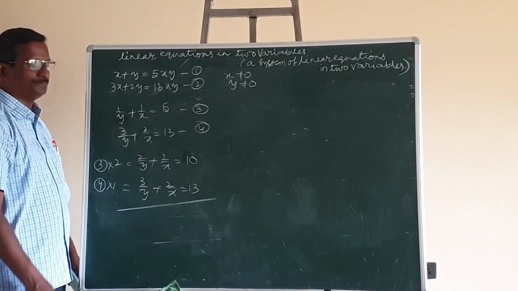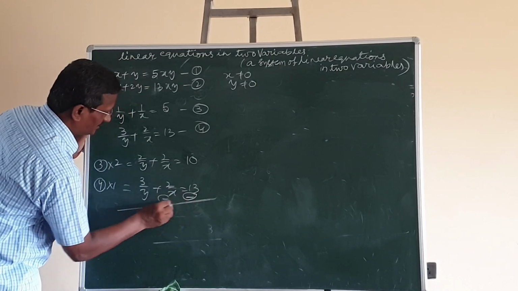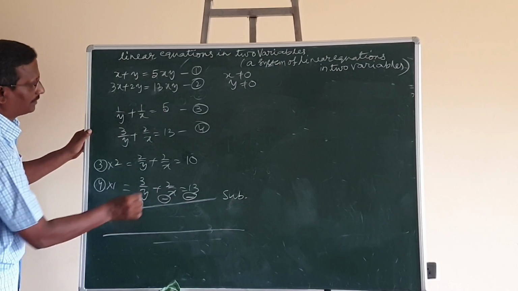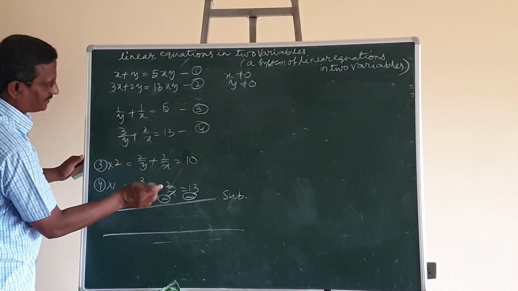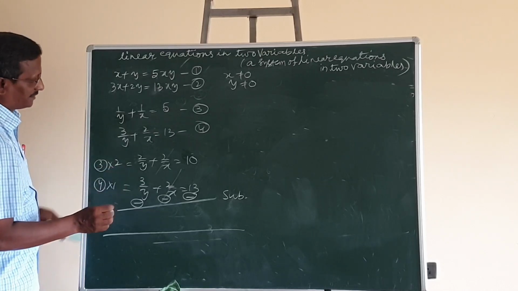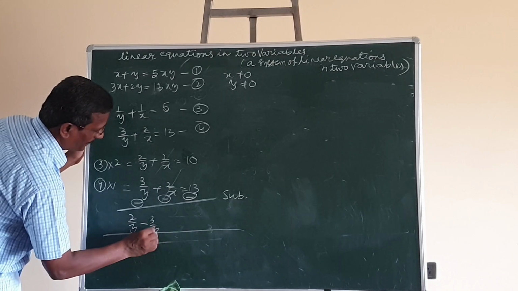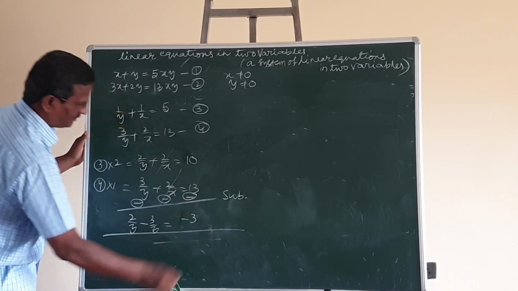So on subtraction, 2 by x is getting cancelled. For subtraction, change the sign and write the short form of subtraction. On cancellation, the x term is totally cancelled. This is 2 upon y minus 3 upon y is equal to 10 minus 13, is equal to minus 3.